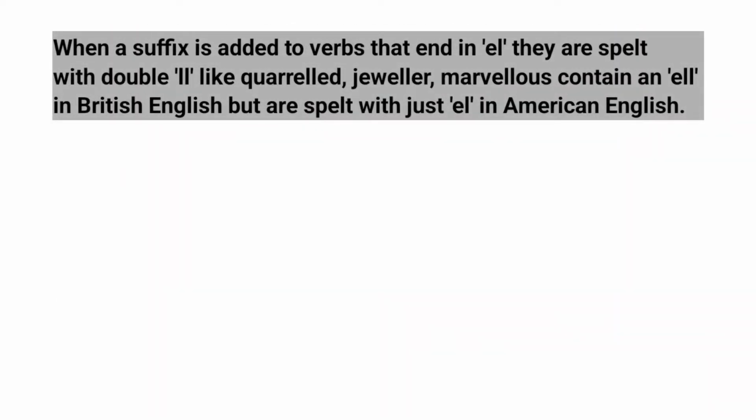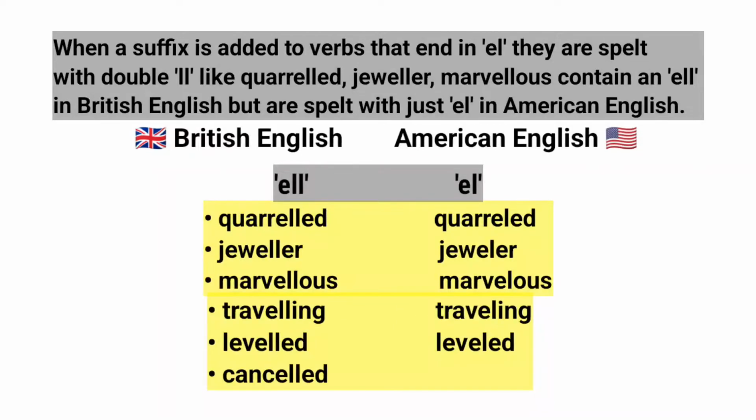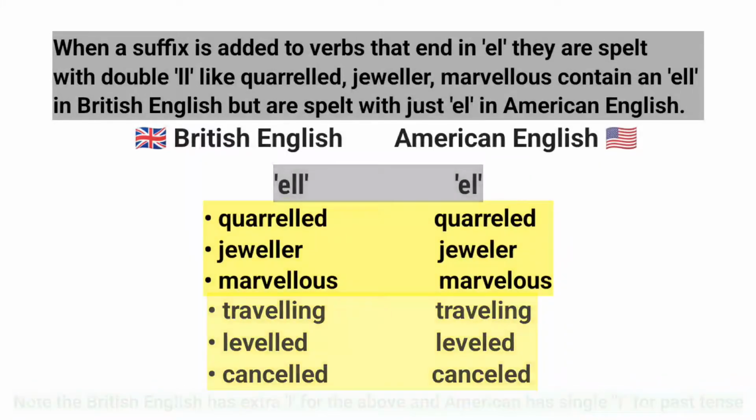When a suffix is added to verbs that end in EL, they are spelled with double L, like quarrelling, jeweller, marvellous, and many more in British English, but are spelled with just one L in American English. Note the British English has an extra L for the above and American English has a single L for past tense.